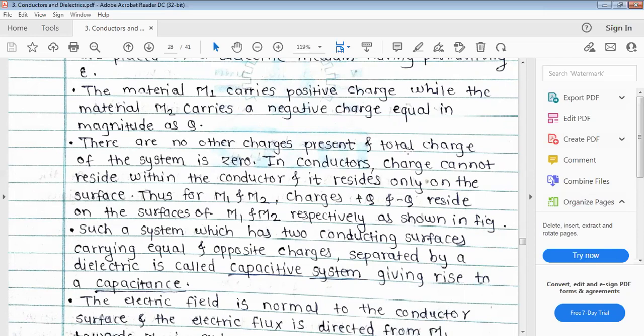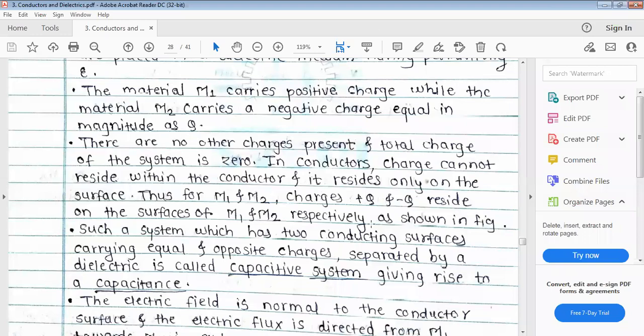Only two conductors having positive and negative charge are present. No other charges are present there, and the total charge on the system is 0. The conductor M1 has positive charge, M2 has negative charge, and no other charge is there. Therefore the positive and negative get cancelled, so the total charge of that system is equal to 0.